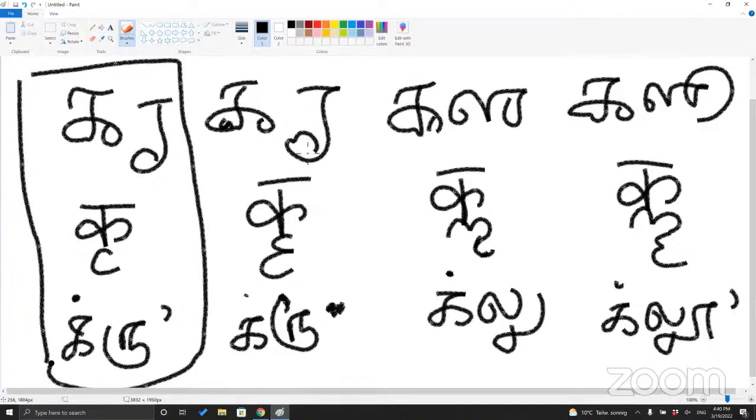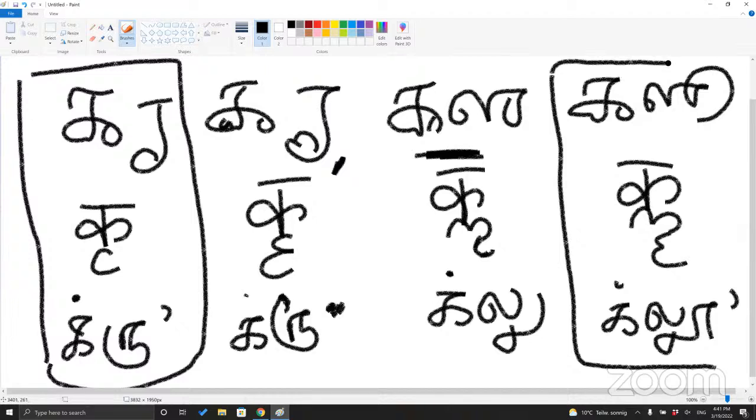And very rarely you find this one, Kru. And I said Klu. There's only one word in common Sanskrit that has the Klu, Klipta or Klip. It doesn't exist in any other Sanskrit word, right? So there's no Sanskrit word that has Klu or Lu. It's just an invented form to make it symmetrical to Lu, right?